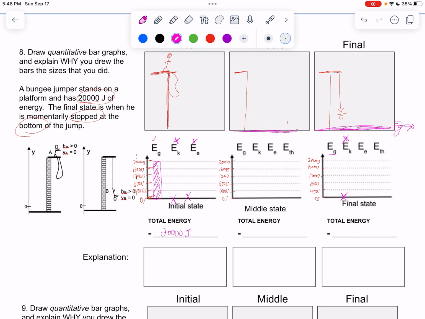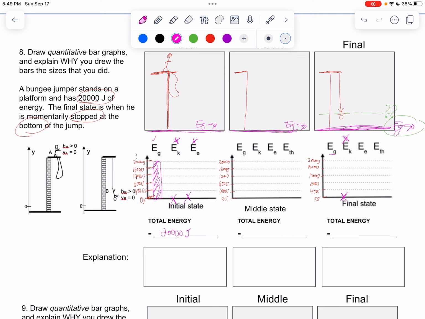Although, like we've been saying, you could set the ground where he's at the bottom and then make that an EG of 0. It doesn't matter as long as it's clear what you're doing. If you're going to set it somewhere that's not the actual ground level, make sure you mark that. But I'm going to go ahead and keep the ground.